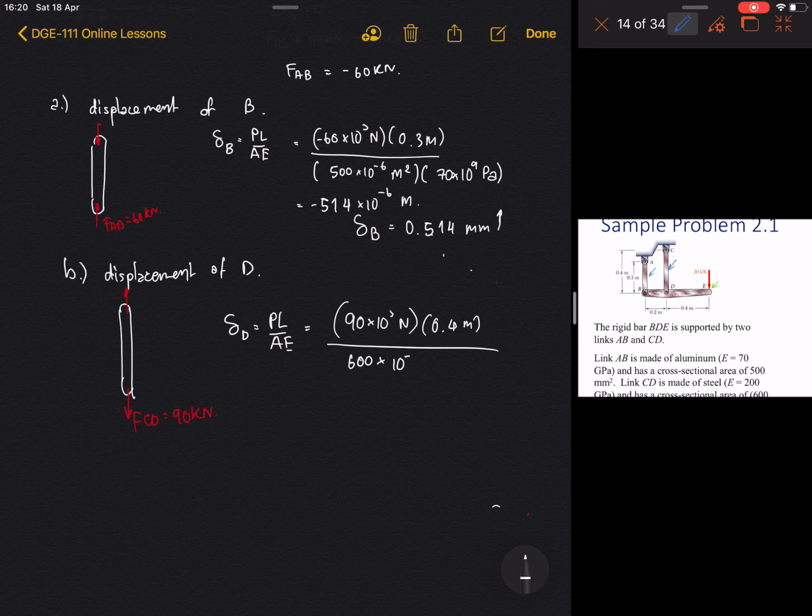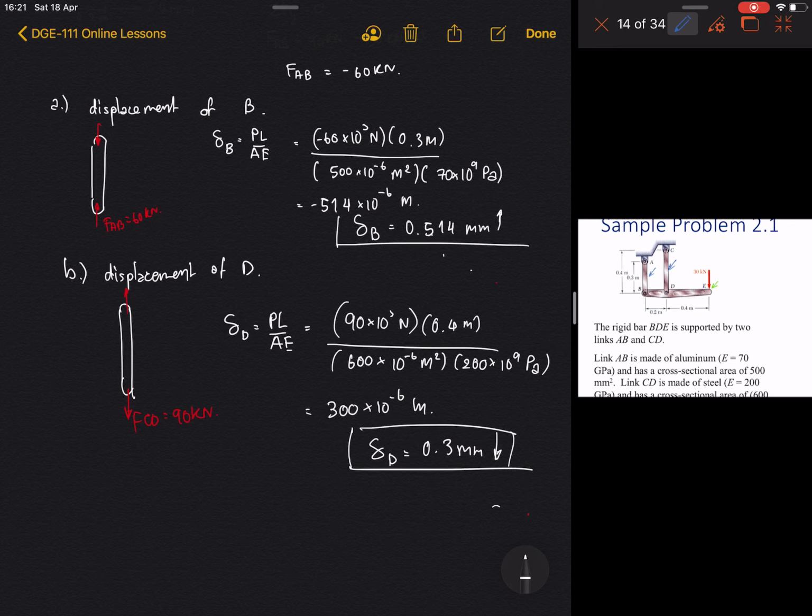Don't forget to change the unit to SI units, which is meters, and 200 gigapascal. In the end we will have 300 times 10 to the power of minus 6 meters. So we have a deformation of 0.3 millimeters downward. Okay, so this is our answer for those two.